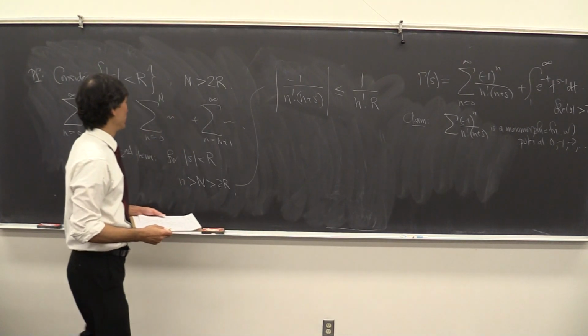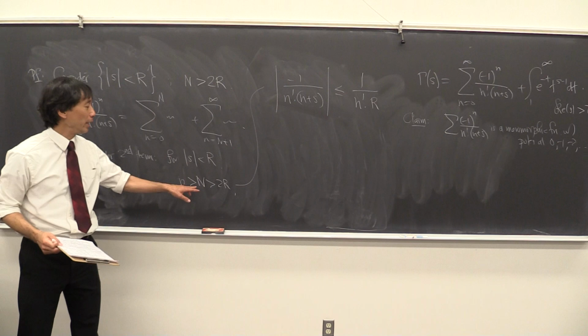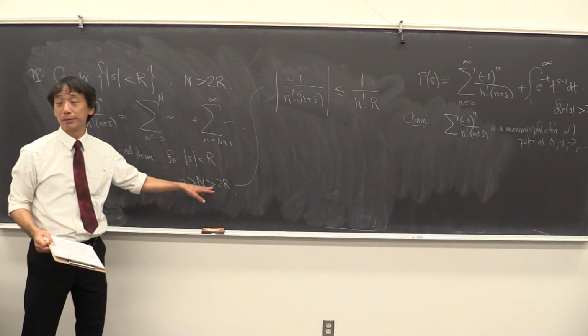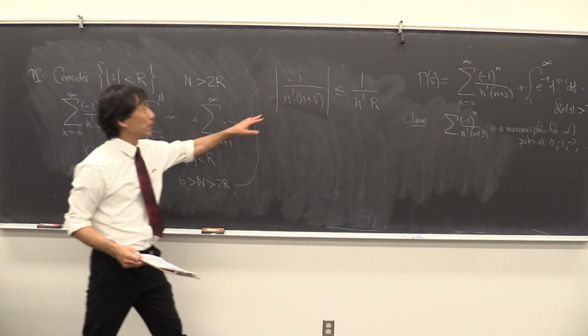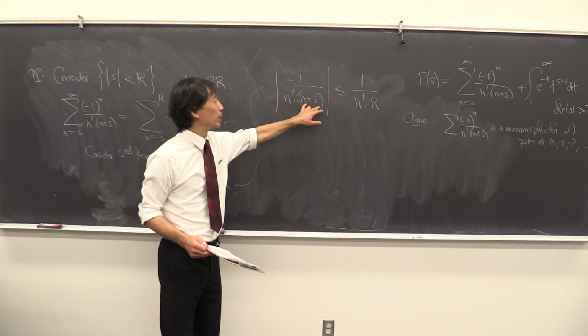Right, because s is smaller than r, and n is bigger than 2r, so this n plus s is bigger than r for sure.